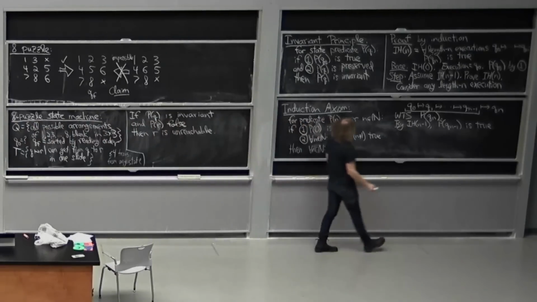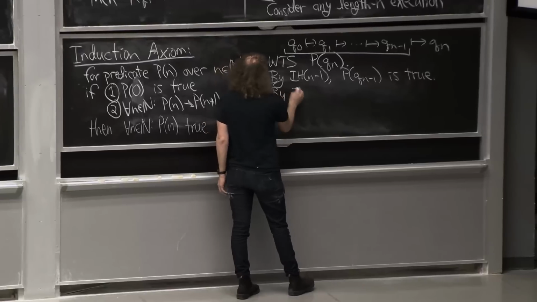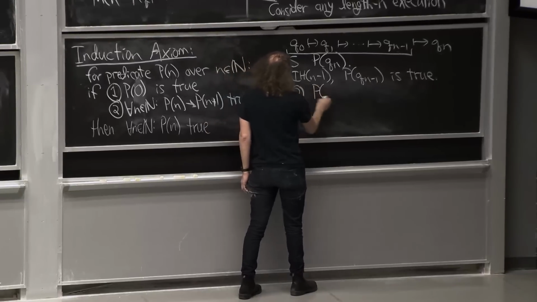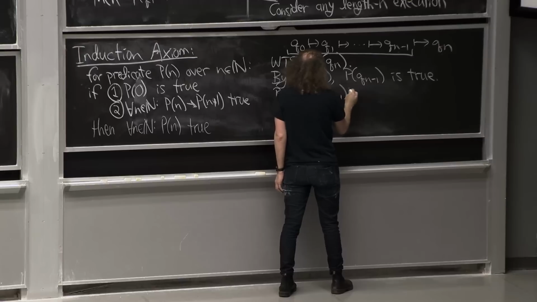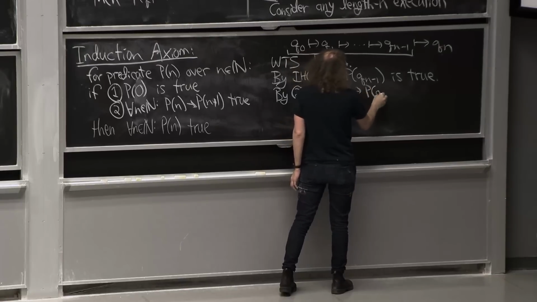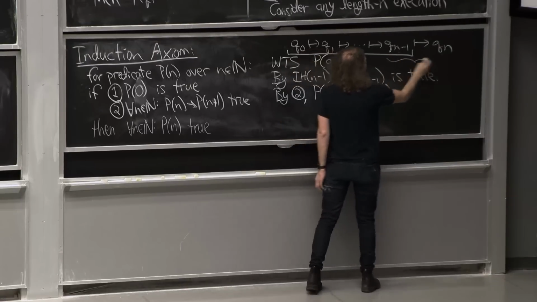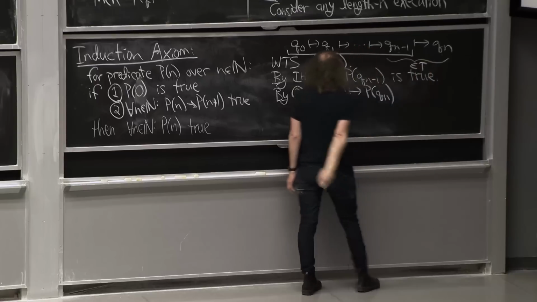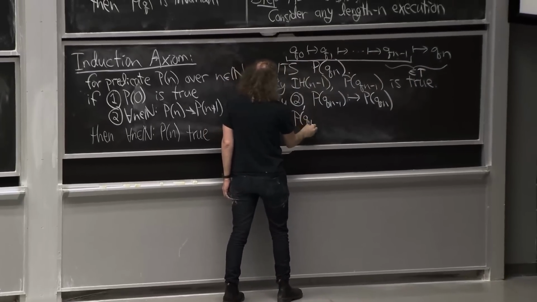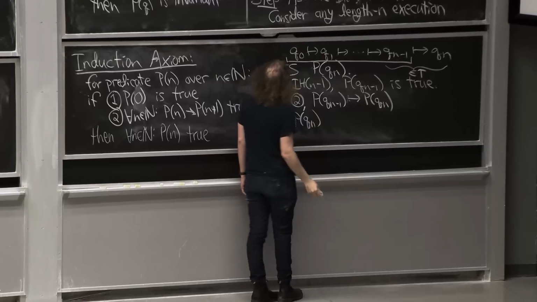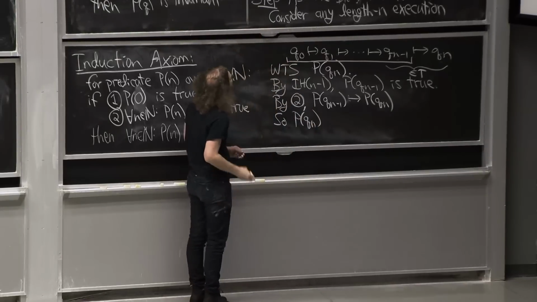So by 2, P of Qn minus 1 implies P of Qn, because this is a transition in T. So P of Qn. That's the end of the induction step.